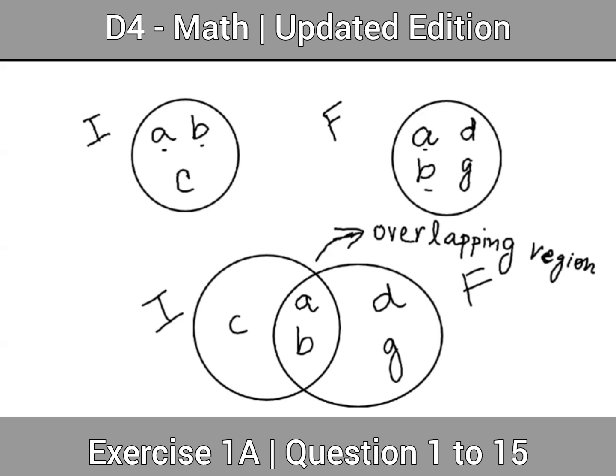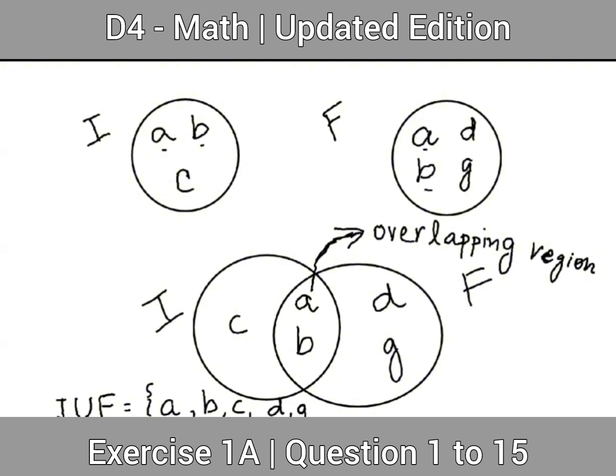So here we have an overlapping region. The sets I and F have an overlapping region because there are a few elements which are common to both of them. From this Venn diagram, you can clearly see the representation of all the elements. It is much simpler to write down the union: you just have to write down all the elements you can see here.